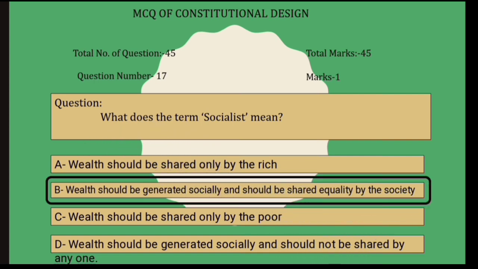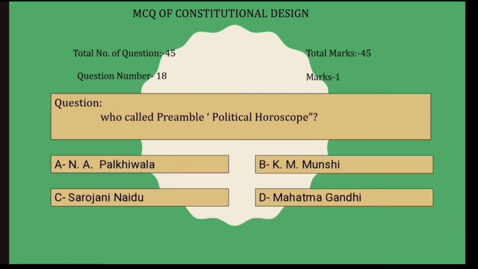Correct option is B. Wealth should be generated socially and should be shared equally by the society. Question 18. Who called preamble political horoscope? Option A. N.A. Palkhiwala, B. K.M. Munshi, C. Sarojini Naidu, D. Mahatma Gandhi. Correct option is K.M. Munshi.